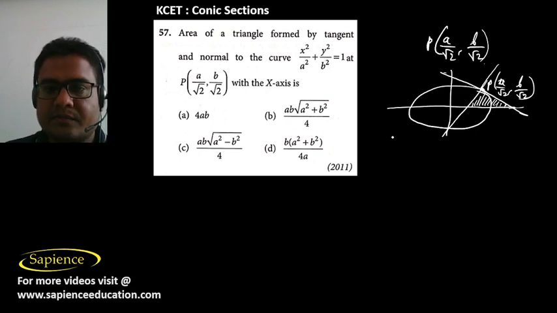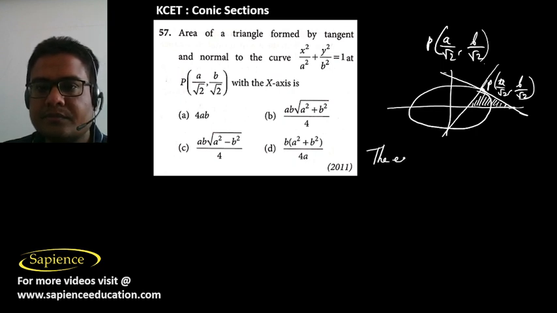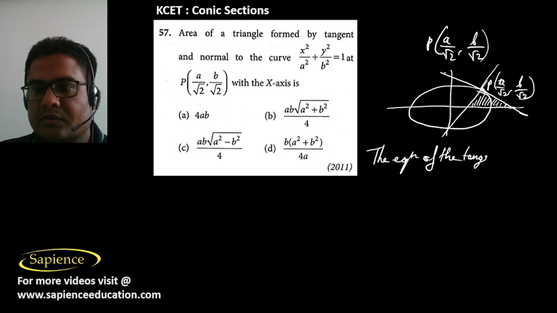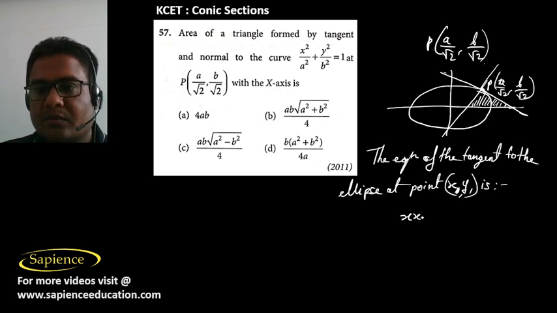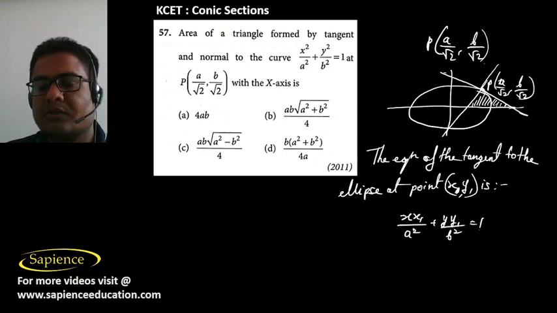tangent at first. So we know that the equation of the tangent to the ellipse at the point x1 comma y1 is given as x x1 by a square plus y y1 by b square equal to 1.